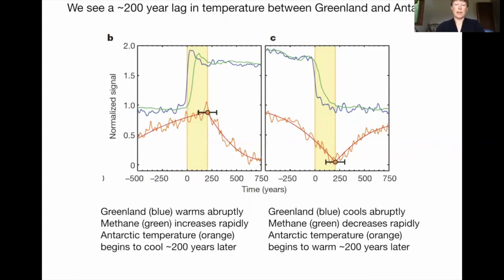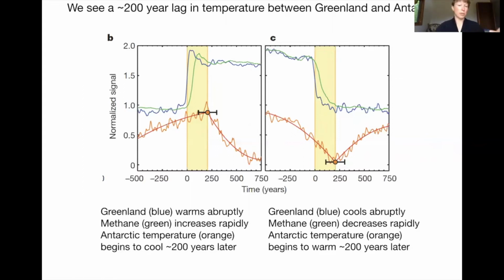We see that Antarctica is cooling across that period, but about 200 years after Greenland cools, Antarctica actually starts to warm. Okay, so the overall pattern is that there's a bit of a lag, but Antarctica is doing the opposite thing from Greenland.